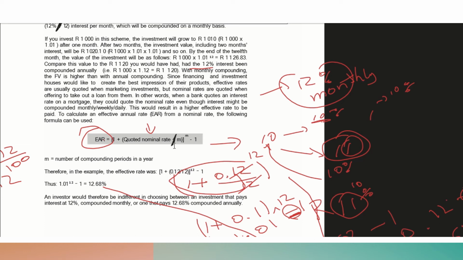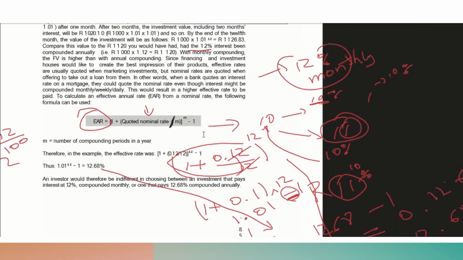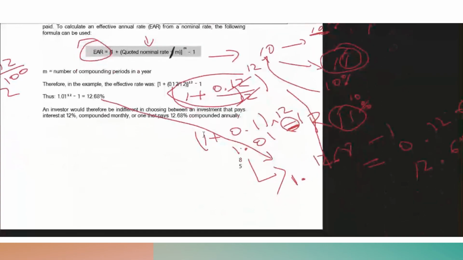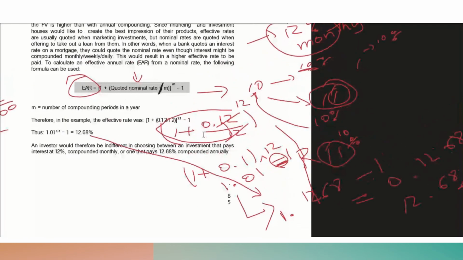So you take 1 plus the quoted nominal rate divided by the number of periods, and all that in parentheses we put to the power of that number of periods. Very simple, minus 1.